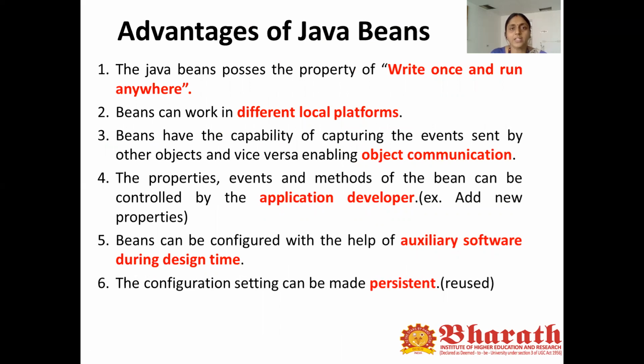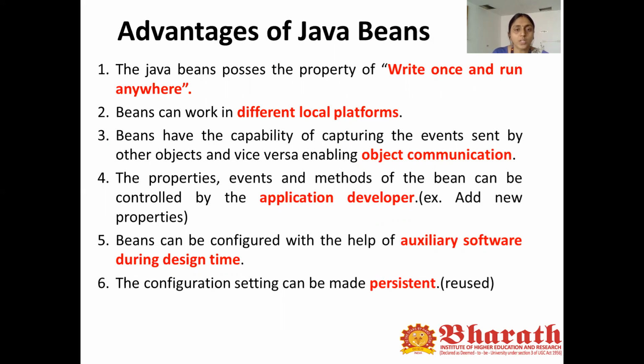And what are the advantages of Java Beans? Java Beans possess the property of write once and run anywhere. As we all know, Java has the feature of being architecture neutral. That is, we can write the code on one platform and run the code on any platform. The same property is applicable to Java Beans also.